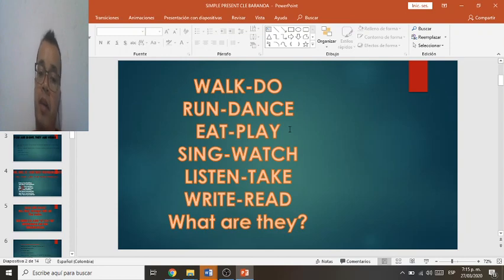Do, hacer, run, correr, dance, bailar. So, you continue with the other ones, but they are verbs. So, you see, el verbo to be no es el único verbo del inglés. Tenemos otros verbos. And they require a conjugation that is different to the verb to be.